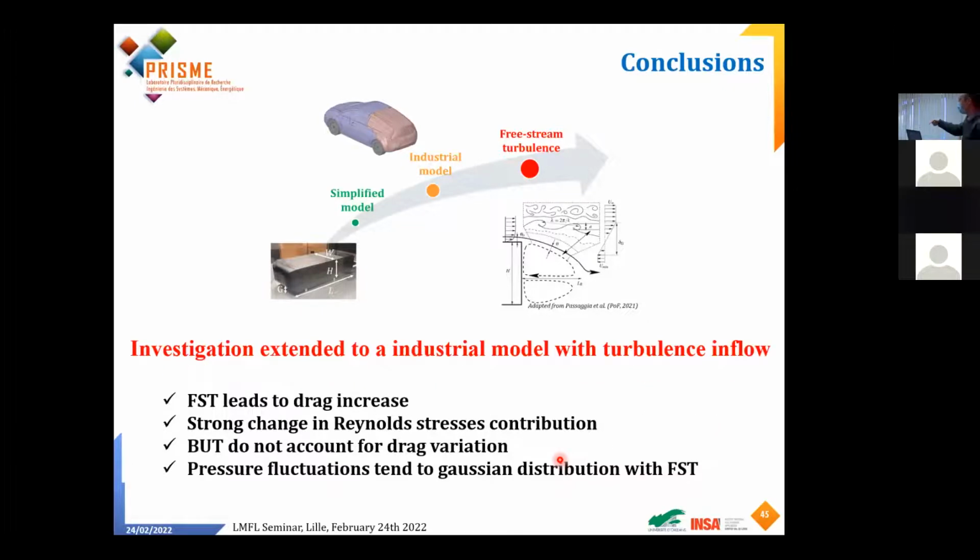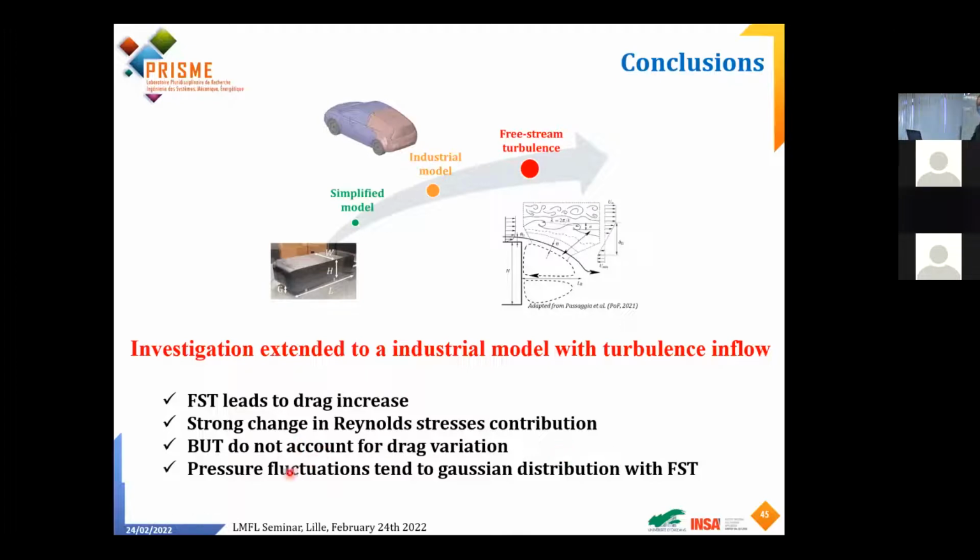We have extended this analysis to a more realistic condition, so we're using an industrial model with free stream turbulence conditions. What we have seen is that the turbulence, the external turbulence in our case, leads to drag increase. It changes the Reynolds stresses quite a lot, but finally, this Reynolds stresses evolution doesn't account for the overall drag increase.